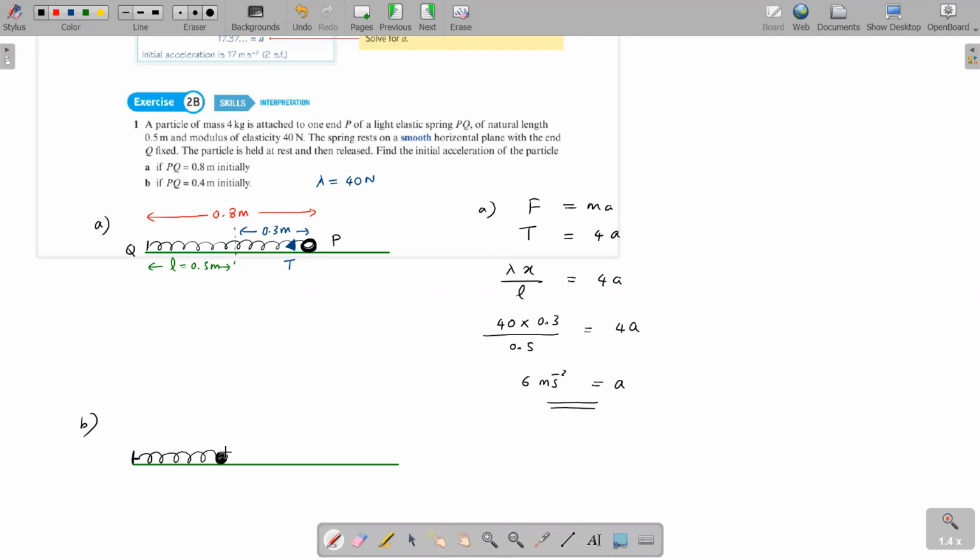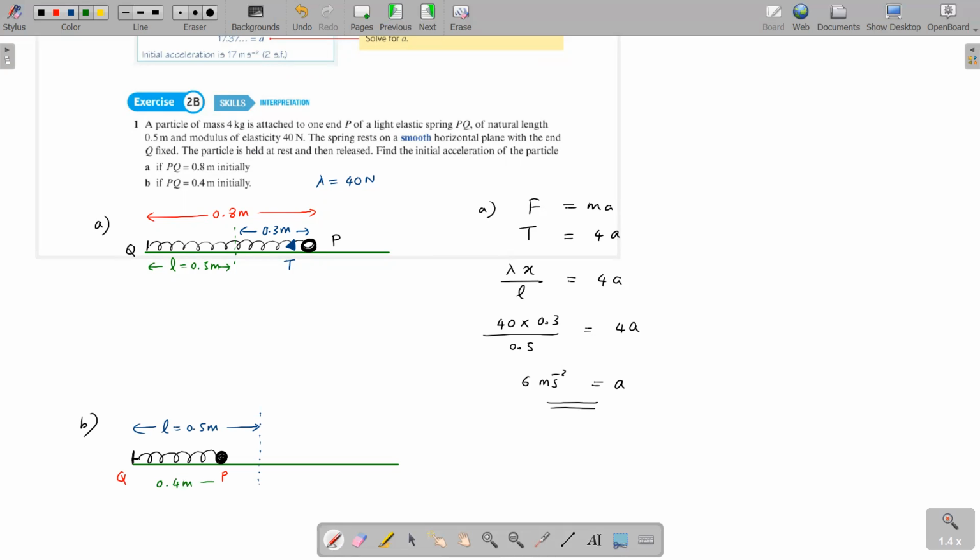So if PQ is 0.4, I think you can see the natural length itself is 0.5 meters. And they say PQ, this is P and this is Q. So they say PQ is 0.4 meter initially.